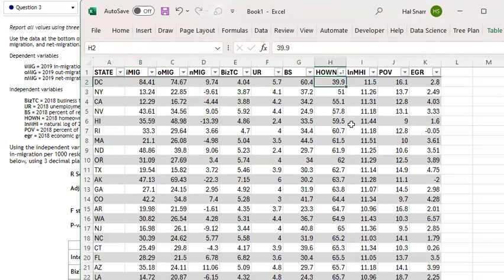Not a lot of people own homes in DC. Probably because people go to work there for 4 years and they leave, right? When their party's no longer in power. Homeownership rate in the 50 states, New York and California are by far the states with the lowest homeownership rates.